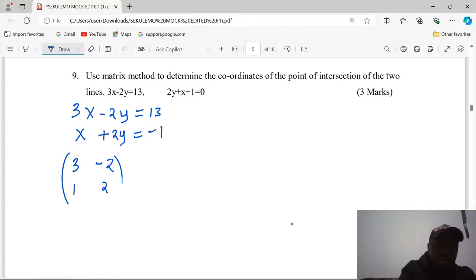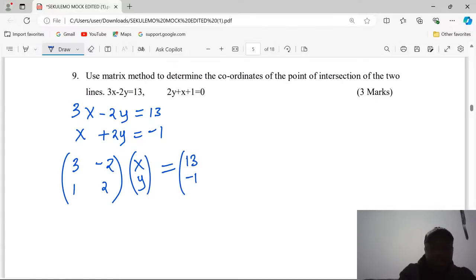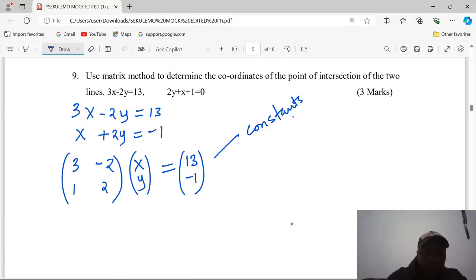This one is called the coefficients matrix. Then we go to the variables matrix, x y. This is equal to 13, -1. This is called the constant matrix. Let me name them, though it's not necessary. It's good to know, but nobody will require you to identify them.